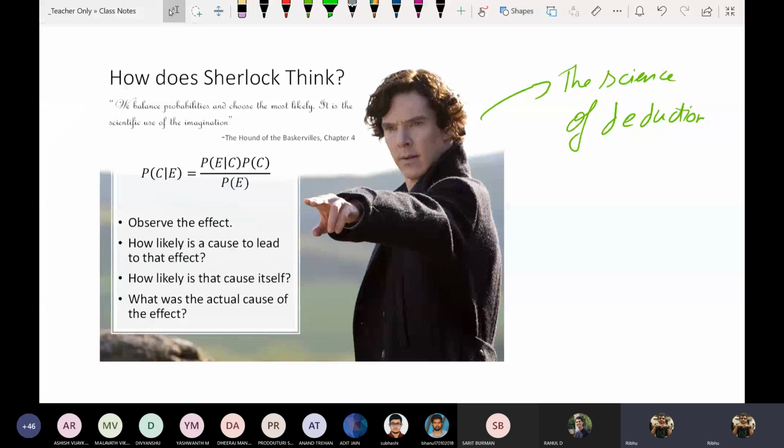How many of you have read the books? Just raise your hands to make life simple. Two people, three, four, five. So I believe around 5 or 6 people have read them.